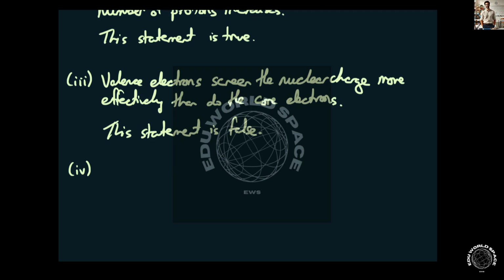For 4, the effective nuclear charge shows a sudden decrease when we go from one end of one row to the beginning of the next row of the periodic table. And so this statement is true.